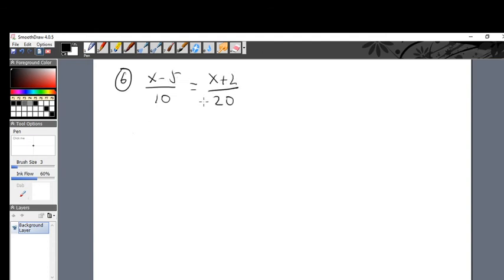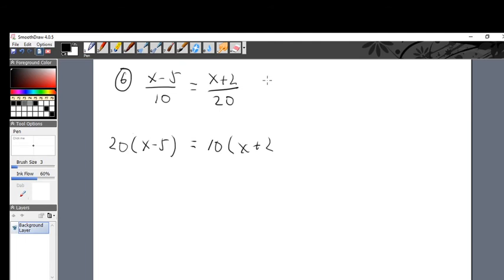Cross multiply: the numerator on the left times the denominator on the right. So it's 20 times x minus 5 is equal to 10, my denominator on the left, times the numerator on the right, x plus 2.